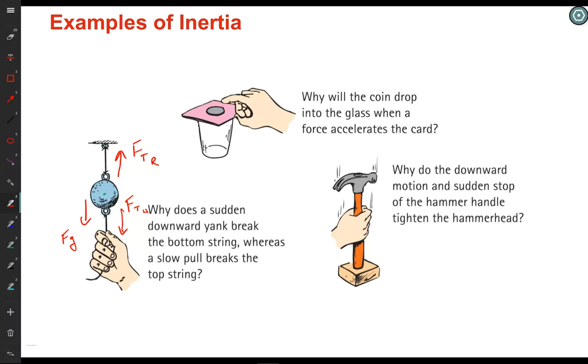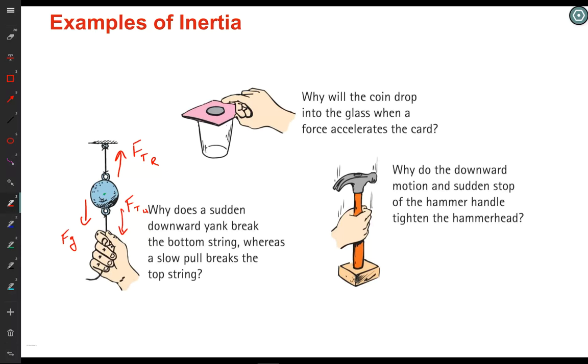Why is it different with a fast tug versus a slow tug? When you go with the fast tug, then you're putting too much force from the bottom, and then it's going to snap the ball. Well, the principle is what I'm looking at. And the principle is the principle of inertia. That you have to give the ball time to react.